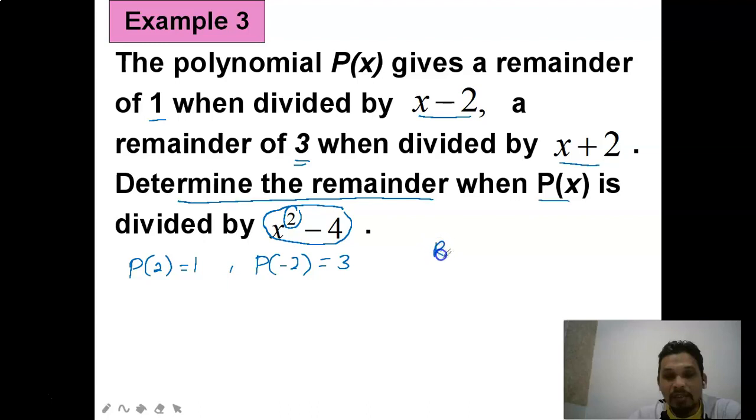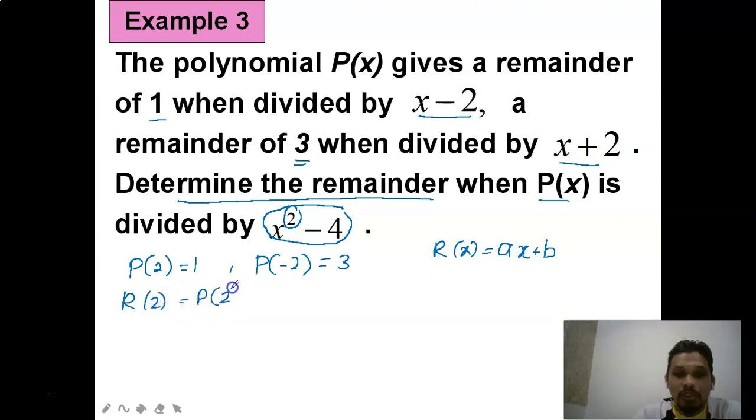So the remainder R(x) must have a degree less than that of the divisor by 1, so this comes out as ax plus b. Using the definition, R(2) equals p(2) equals 1.